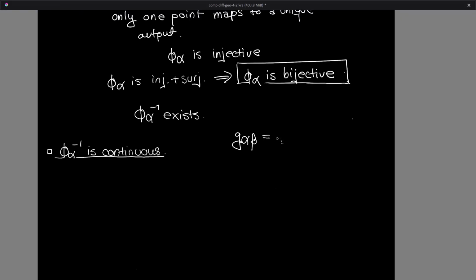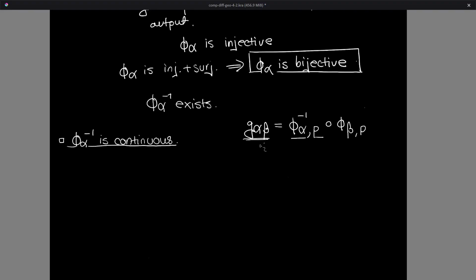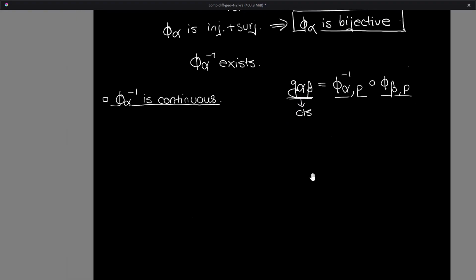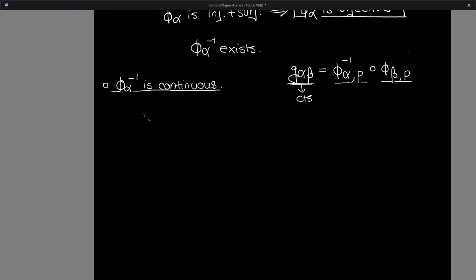And in order to do that, we need to prove that it's in the form phi alpha p inverse after phi beta p. We're going to define these functions in a little bit, but we're going to construct them out of these. And so, therefore, we need these to be continuous because we know by definition this is continuous. So it must be a composition of continuous functions. Okay, so for it to be well defined.